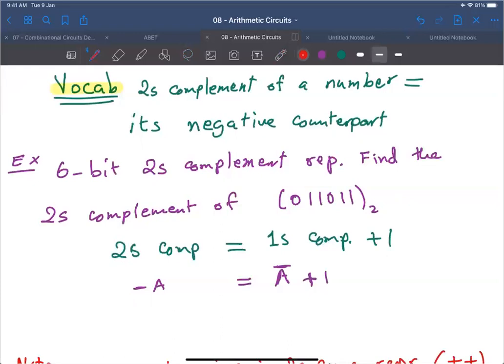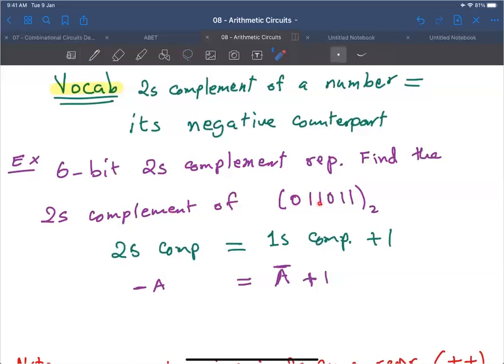So let's say that you have a 6-bit 2's complement representation. We would like to find the 2's complement of this number. This number, we know it's positive, so we would like to find its negative counterpart.